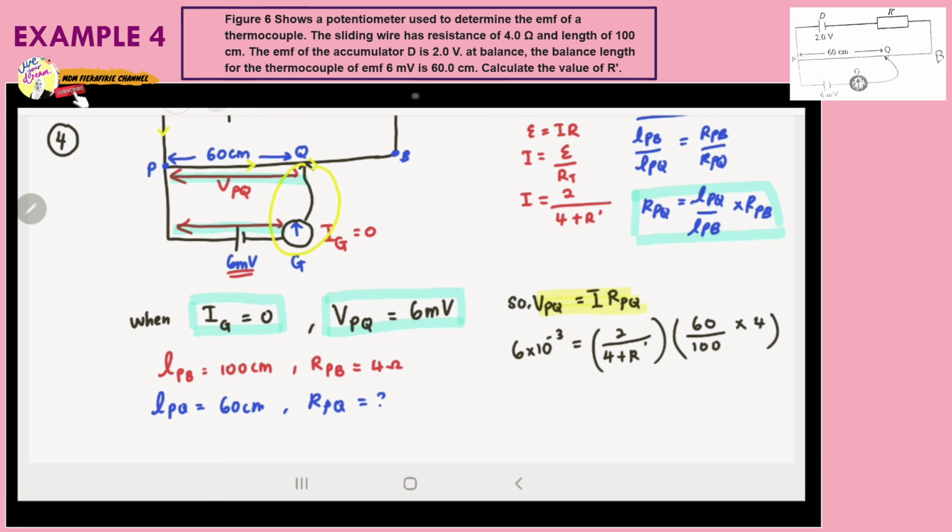It's given in the question. Now we have all the values, so you can solve for R prime. Ini part matematik awak lah. Make sure you know how to solve this equation. R prime mesti dapat 796 ohm. Jangan careless. So we finish example number 4.